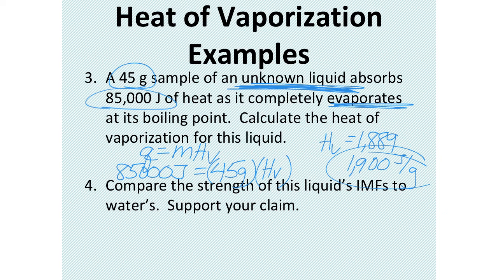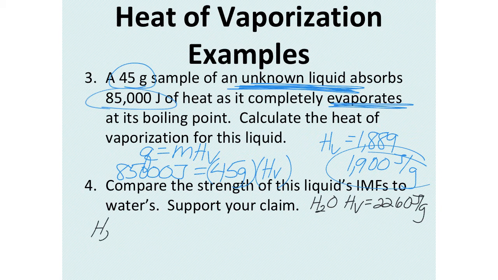Now, question number 4. We need to compare the strength of the intermolecular forces of this unknown liquid to water. Water has a heat of vaporization of 2,260 joules per gram.